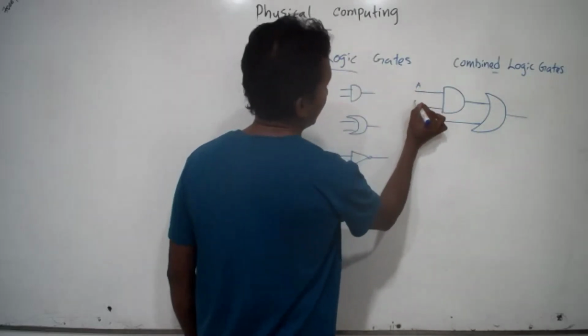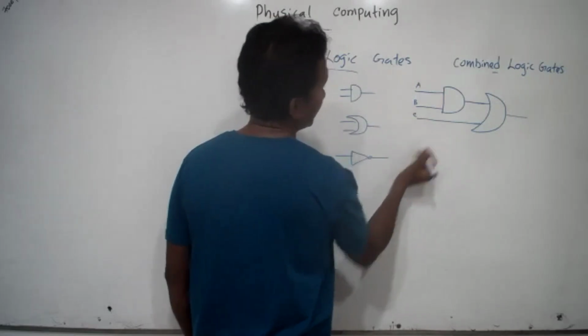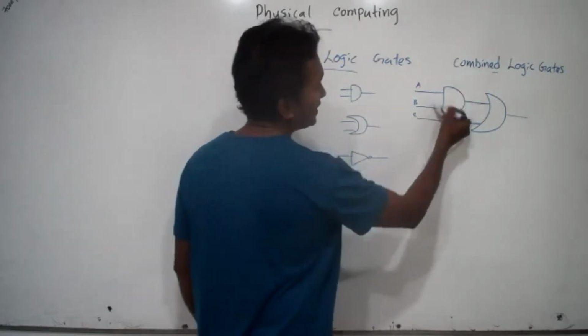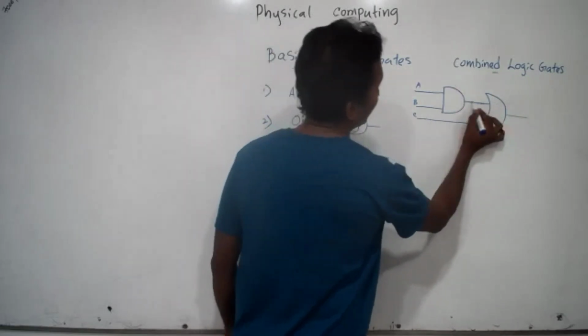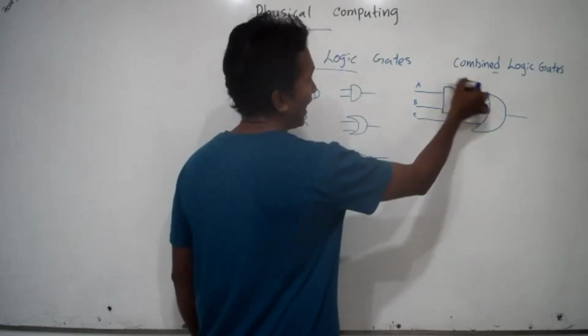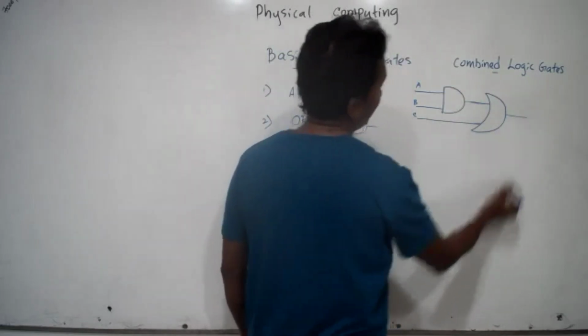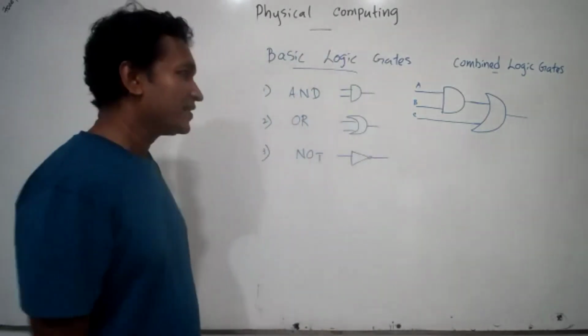So there are A, B, and this will be the output. The output of this logic gate will be an input to another logic gate. So this is an AND gate and this is an OR gate, right? Therefore this is a combined logic gate.